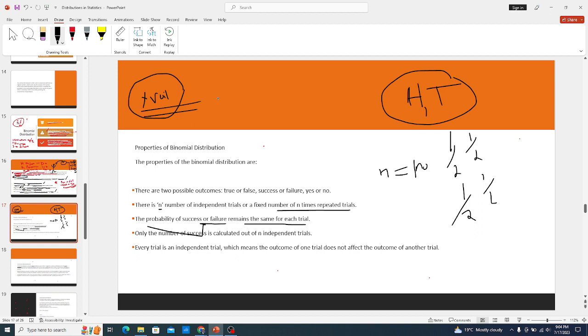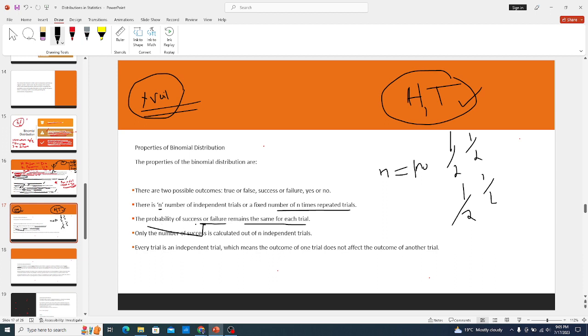So the best example is tossing of a coin. We also have the basketball example which I gave you, which is also a good example.